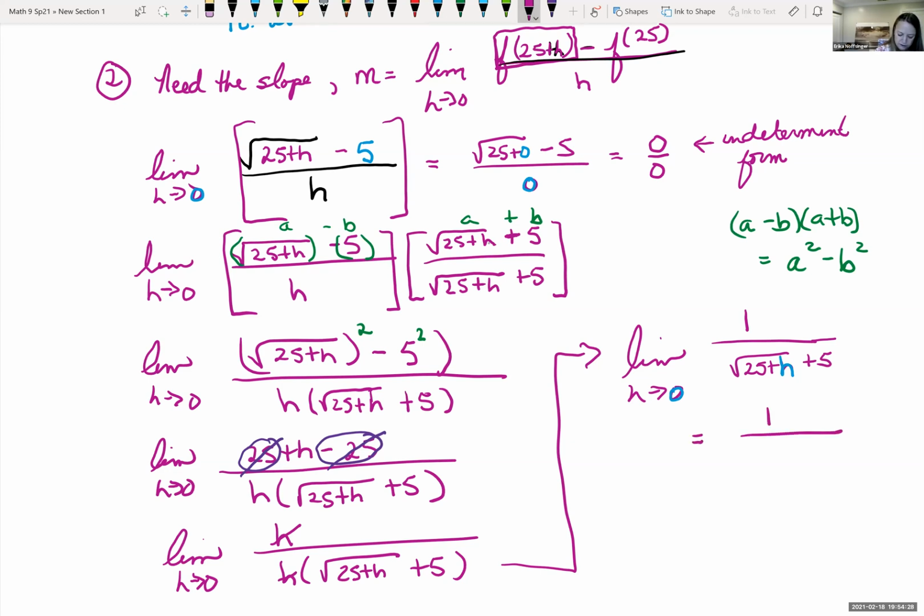We have 1 all over the square root of 25 plus 0, plus 5. So 1 over the square root of 25 is 5, plus 5. So this is 1/10.